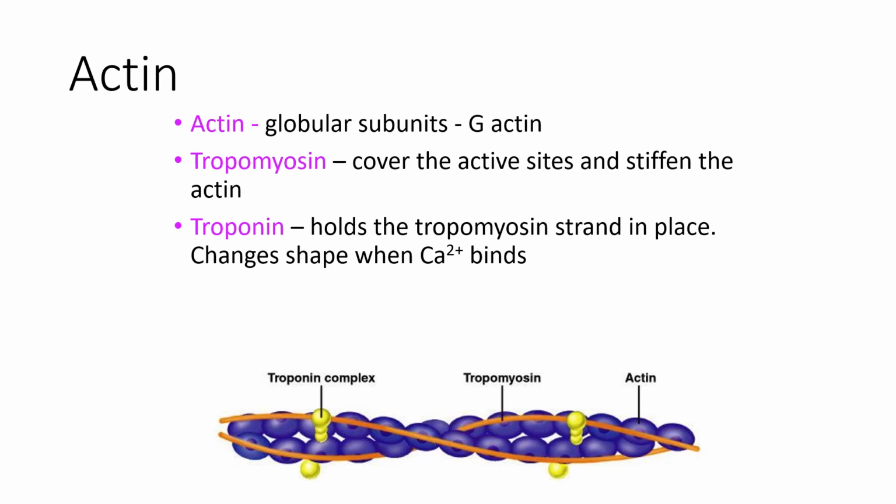Troponin, or the troponin complex, the bright yellow structures, hold the tropomyosin strand in place. These molecules change shape when calcium binds. When they change shape, they move the tropomyosin out of position, exposing the binding sites on the actin.